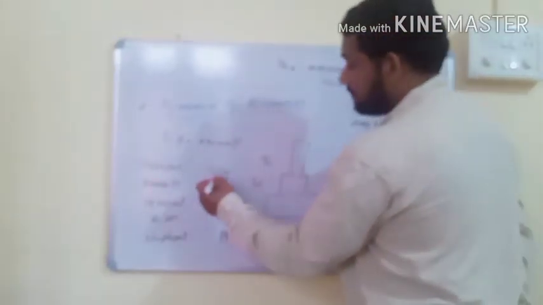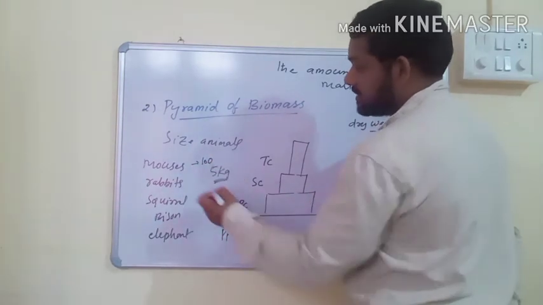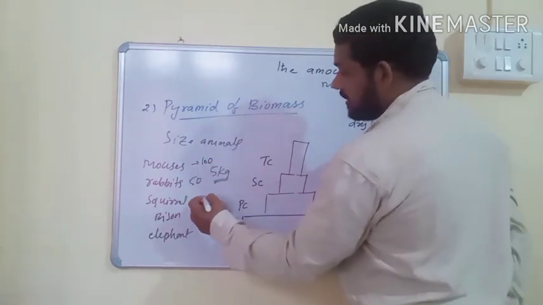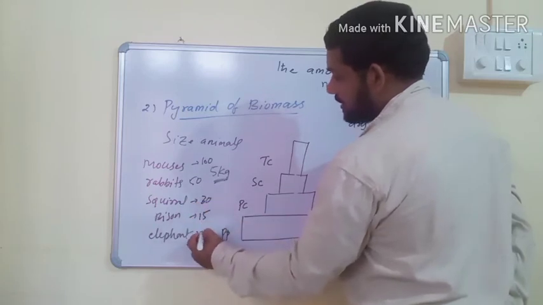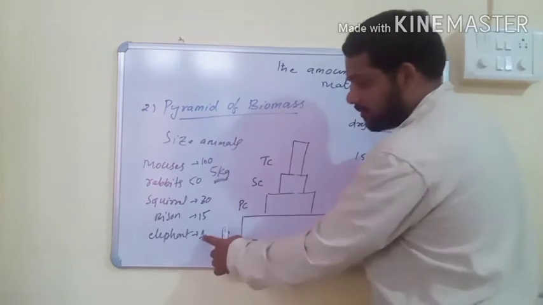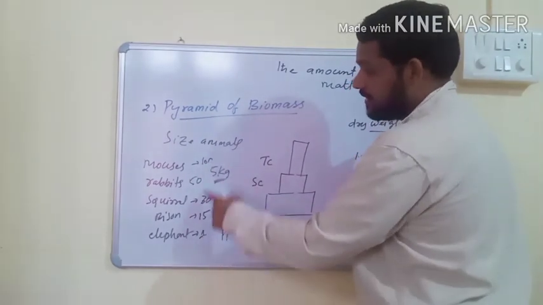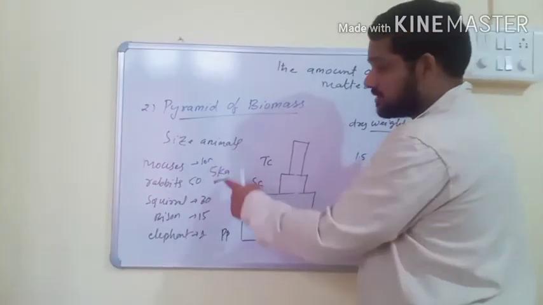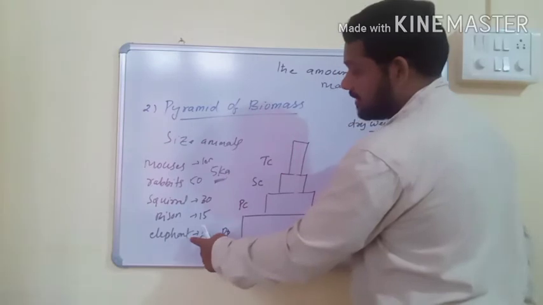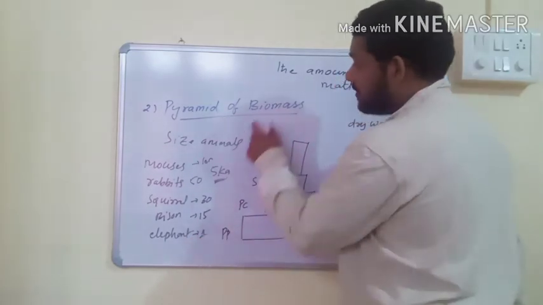If 5 kg of grasses supports, for example, 100 mice, 50 rabbits, 30 squirrels, 15 bison, and 1 elephant, the number of individuals is very low in some cases and very high in others, but the amount of vegetation is the same. So the size of the animal determines the amount of biomass present.